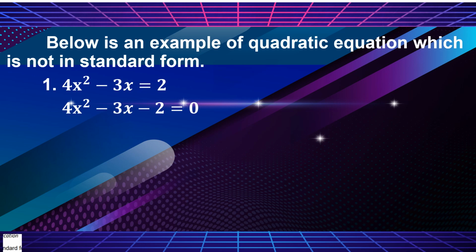So the standard form of the equation is 4x squared minus 3x minus 2 equals 0. Since 2 there is on the right side, we need to transpose it to the left side, so the positive sign becomes negative.